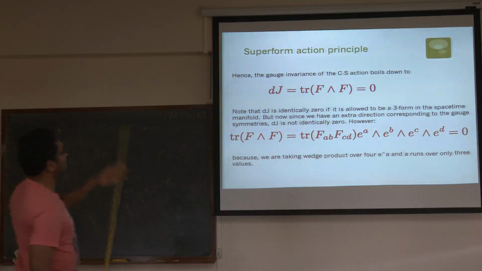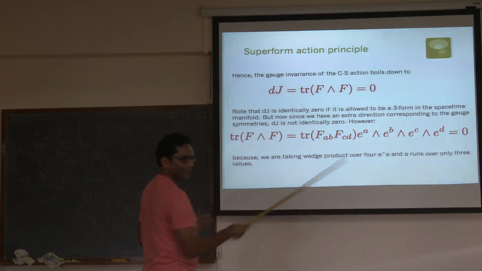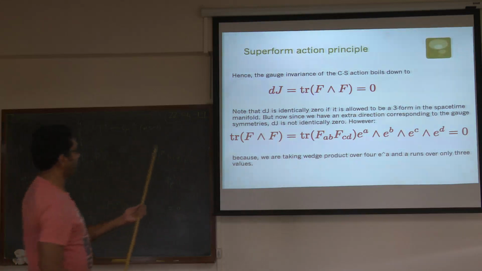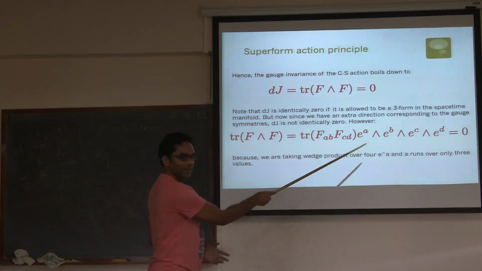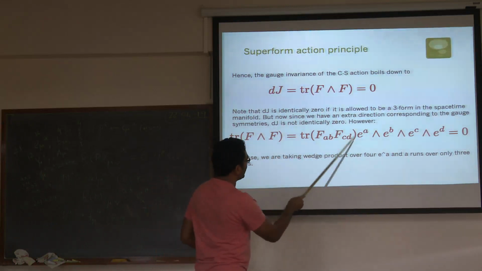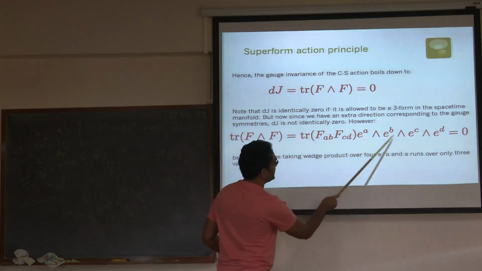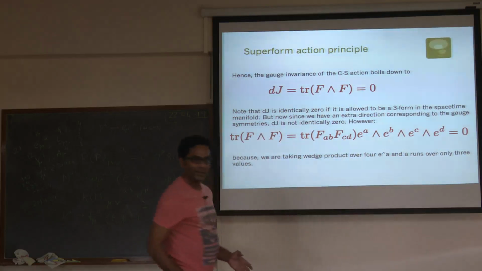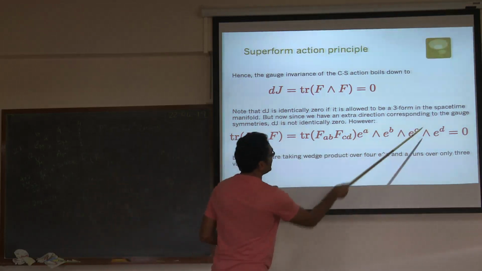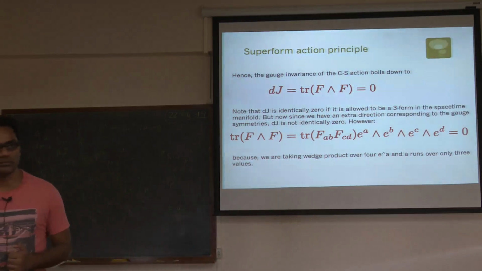But the calculation of dJ turns out that it is trace F wedge F, and F has only legs along the Veblen. So F is basically F_ab e^a wedge e^b. So trace F wedge F is basically F_ab F_cd trace, and e^a wedge e^b wedge e^c wedge e^d. Now this is a 4 form where this abcd index takes over 3 values. So that becomes 0.